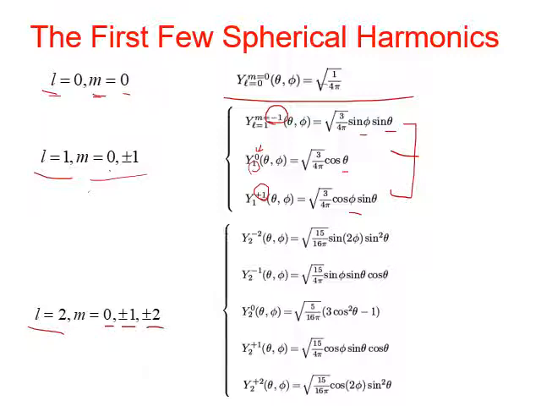So the combination of these two gives you 5 wave functions, and they all have l equals 2, but m can be 0, +1, -1, +2, and -2. So 5 wave functions. Again, these wave functions contain the variables theta and phi.